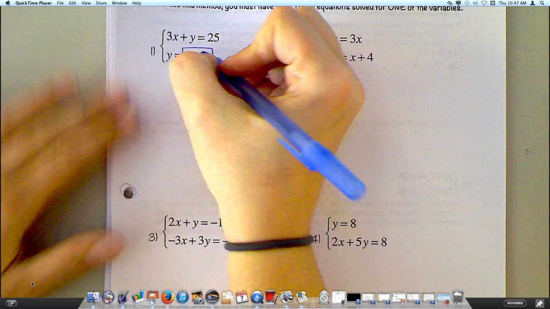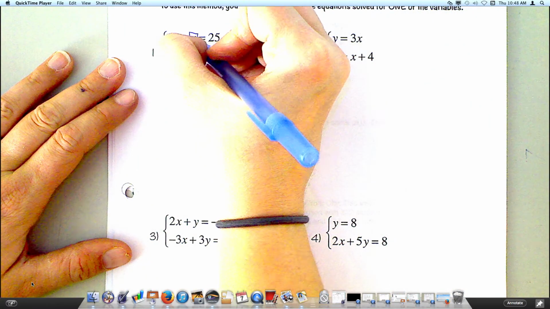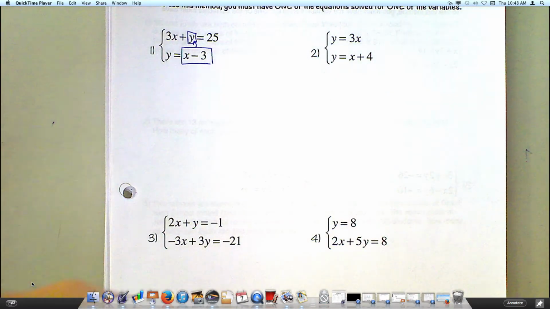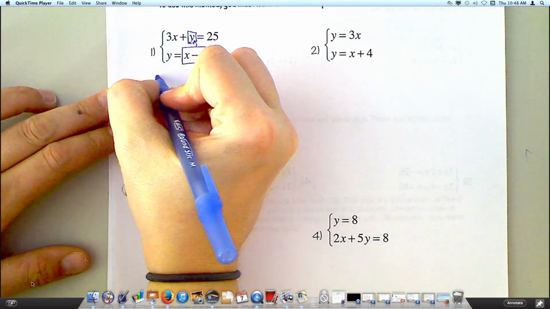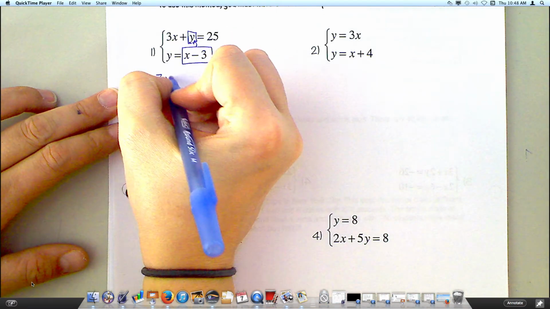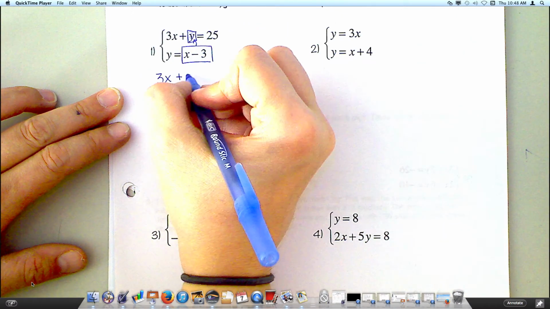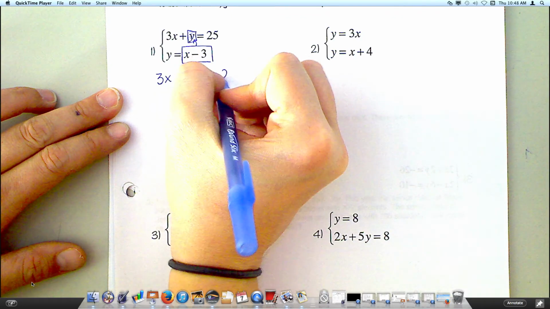And I can take that x minus 3 and put it in place of y up here. Because they're the same thing, right? I can substitute things that are exactly the same. So here's what that will look like. That top equation would now say 3x plus, but instead of that y, I'm going to put x minus 3 equals 25.